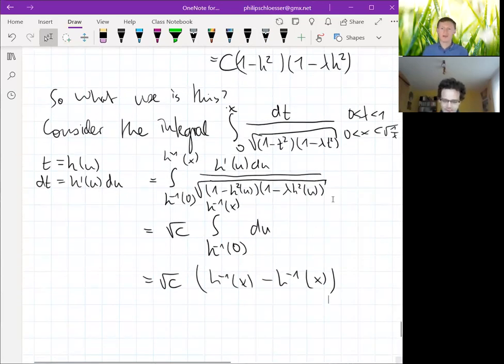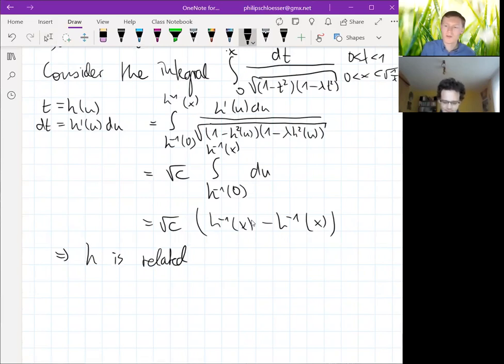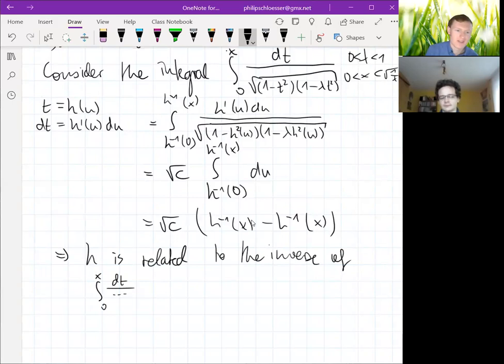So h is related to, well, the inverse of that integral. And what is that integral called?